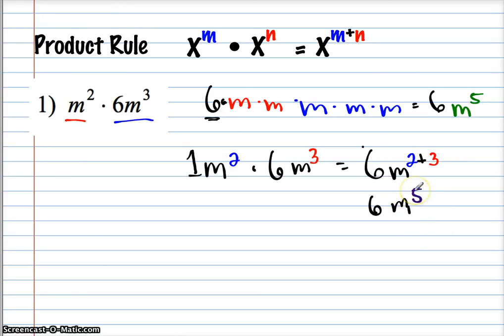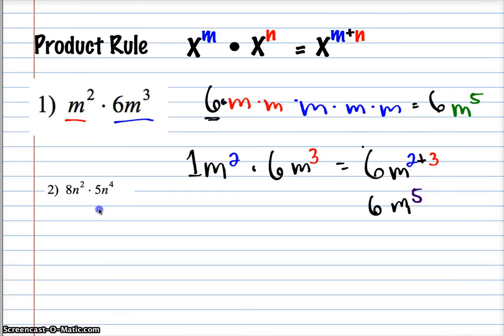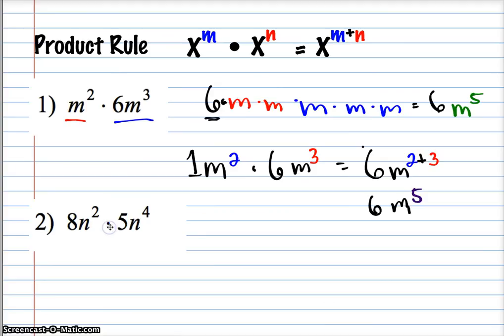Let's just do one more example together, just so we don't get lost or stuck. So let's do question number 2. I'll do the same thing. I'm going to multiply my coefficients together first.